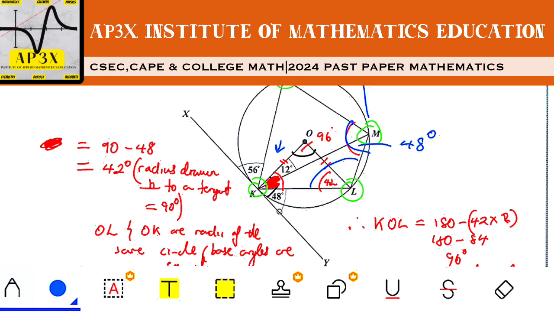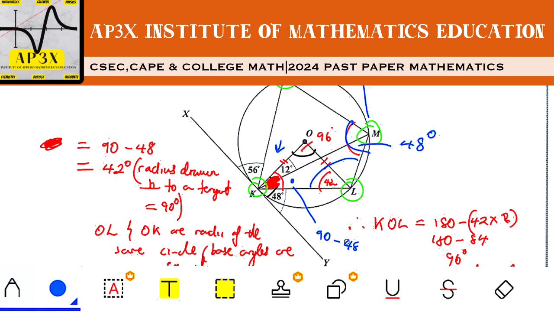So I know that this angle down here is equal to this angle up here. So that's 48. And I could also find this little piece of angle inside here, because I could add 90 minus 48 plus 12.